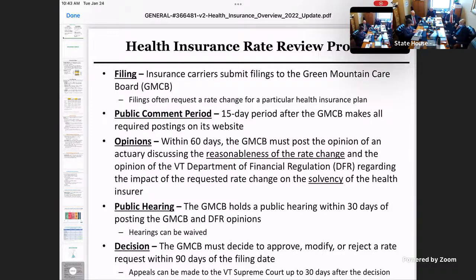Then the Green Mountain Care Board would hold a meeting within 30 days. Hearings can be waived, but usually for the exchange plans, there can be all-day affairs, where you have the Green Mountain Care Board at the table, and then the insurance company at another table walking through their rate proposal.